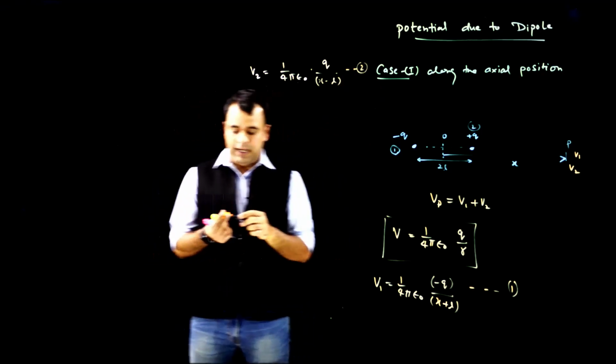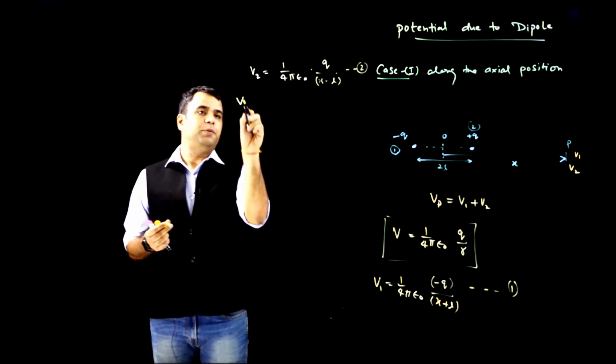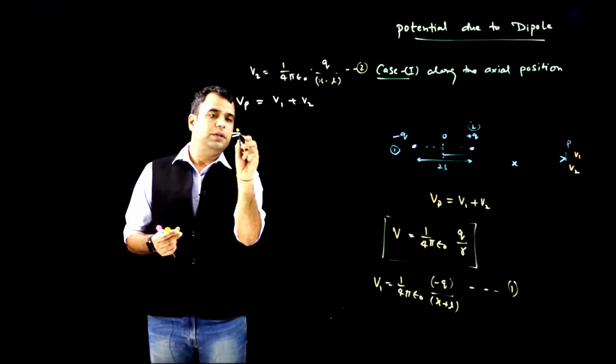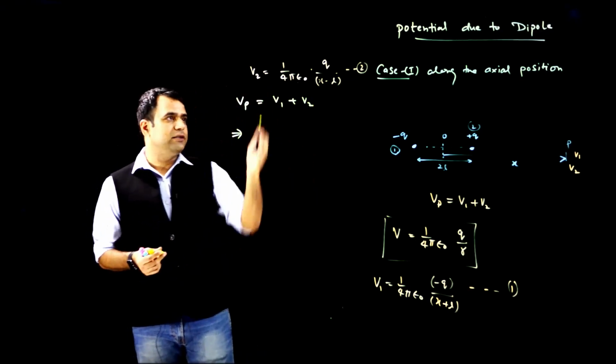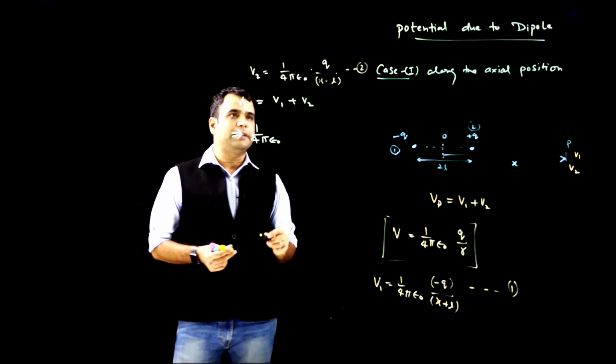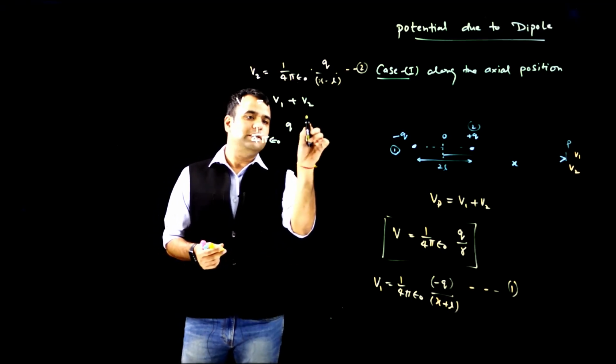Now let's calculate the net potential at point P. The net potential at point P will be V1 plus V2. Now let's add these two potentials. If we add these two potentials, the 1 upon 4 pi epsilon naught we can take common. Along with that, the q will also come common.